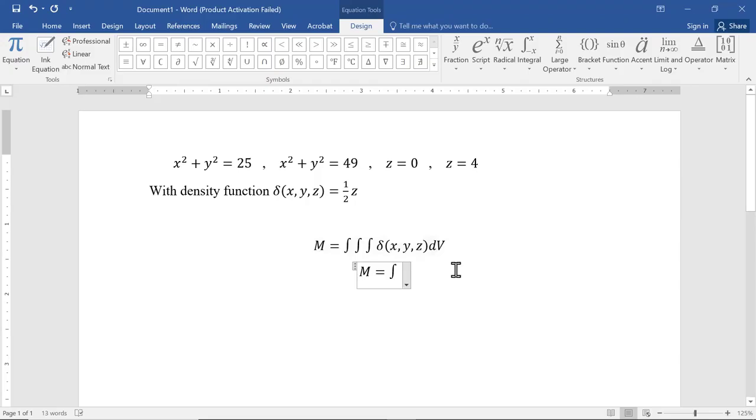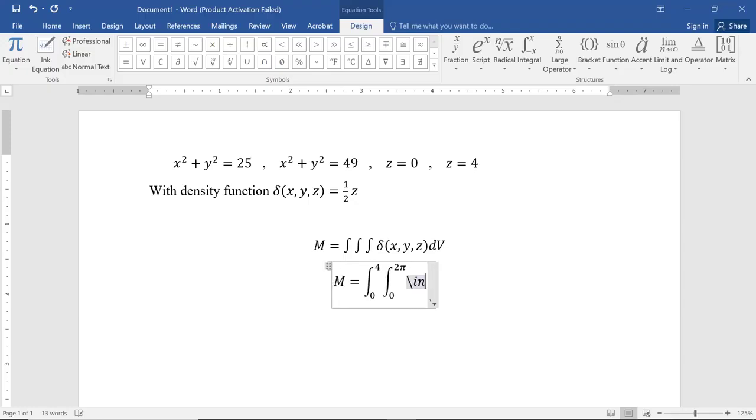Again, it's not going to matter too much on the bounds. I think I'll do the z last. So I'll integrate with respect to z last. And remember, z goes from 0 to 4. And if I integrate with respect to theta second, theta is going to go from 0 to 2 pi.